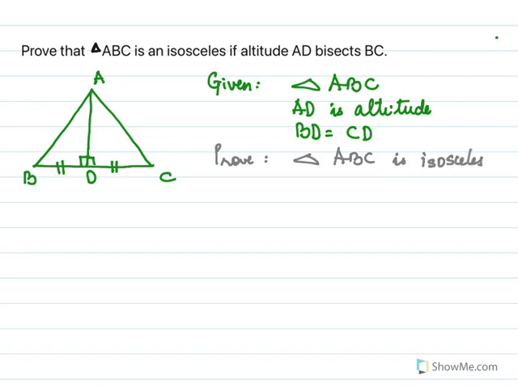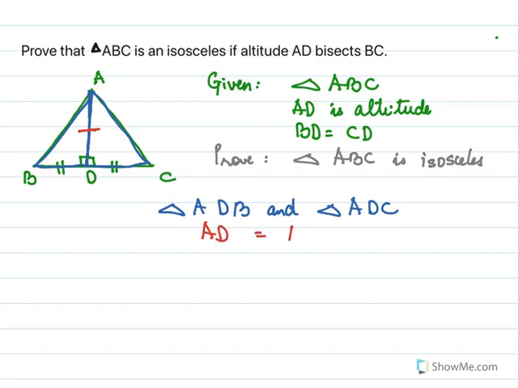So we take up the two triangles for the proof. We take up triangle ADB, that is this triangle ADB, and then we'll take up the other triangle ADC and prove that they are congruent, for which we know AD common, and we have a 90 degrees because it is altitude.